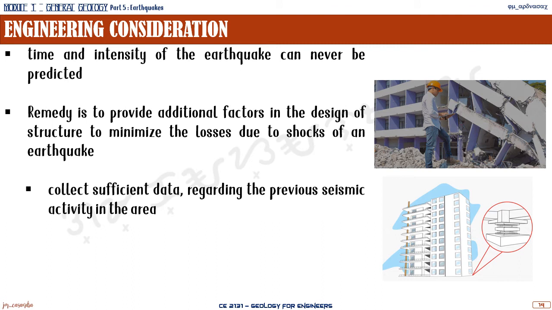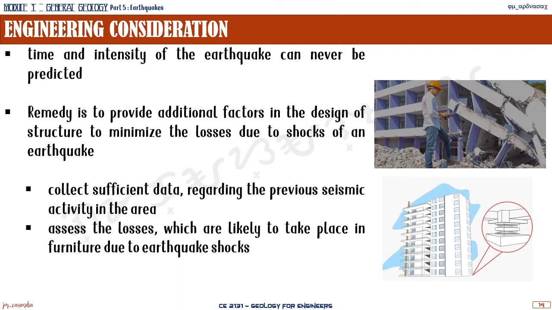So you have to expect that that area would basically be experiencing more earthquakes or usual earthquakes of 6 to 7 magnitude. So therefore, based on that data that you have collected, then you design your structure that could be able to withstand that magnitude and withstand the occurrence or the frequency of the earthquake.